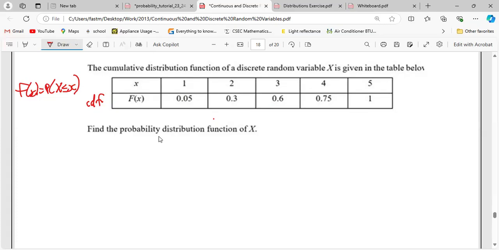So you have to remember this. Have to, because this is basically the foundation for CDF for most other questions. So looking at this table, this means that the probability that X is less than or equal to 1 is this. Less than or equal to 2 is that, 3 is that, 4 is that, 5 is this.